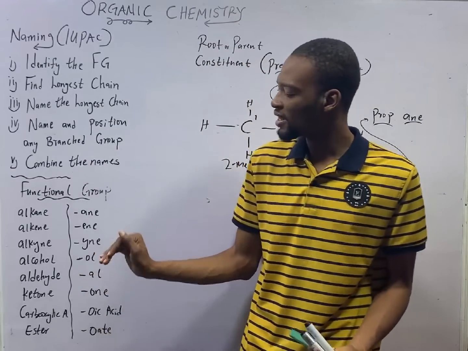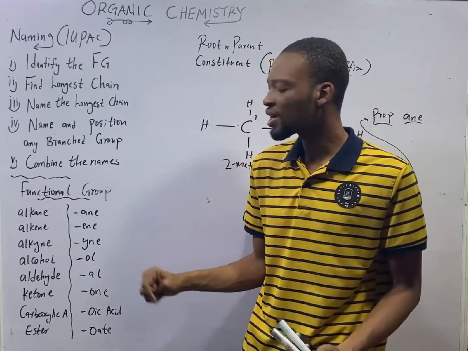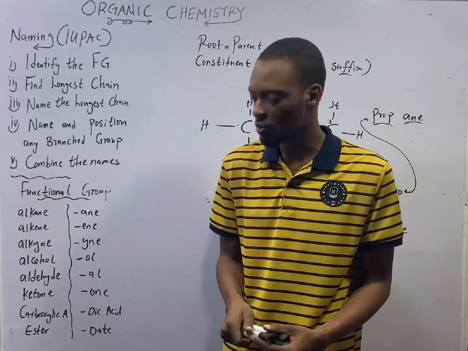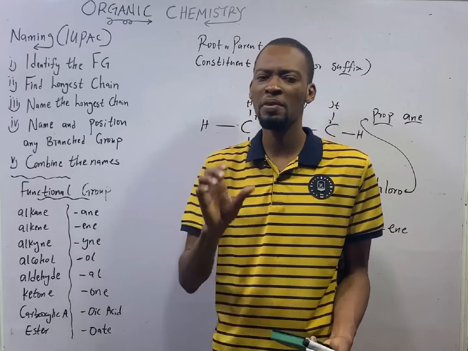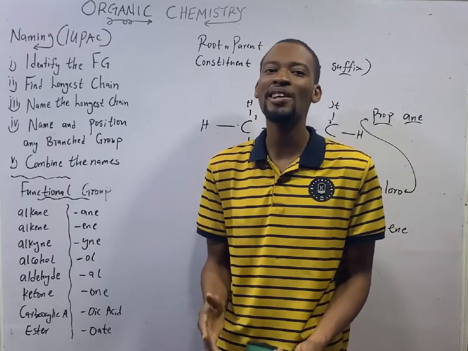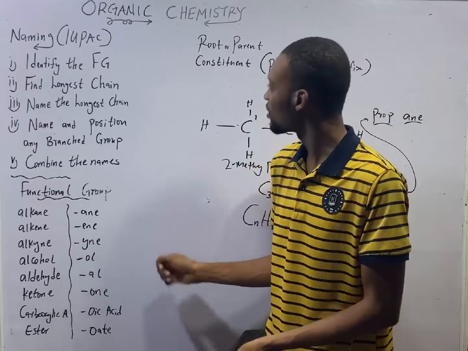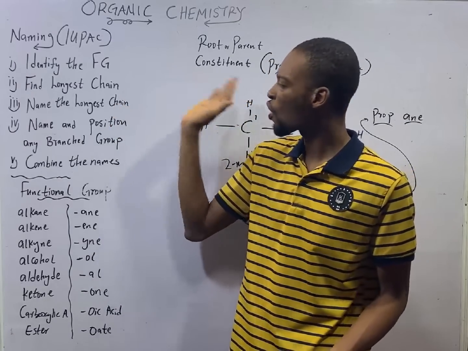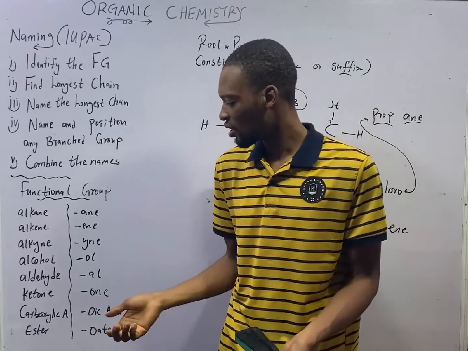When a compound is a ketone or alkanone, the naming should end in "-one". When a compound is a carboxylic acid, the name should end in "oic acid", like butanoic acid, propanoic acid. Oic acid should be at the end. We can have a methyl group or constituent as the prefix, but the suffix should be the functional group.